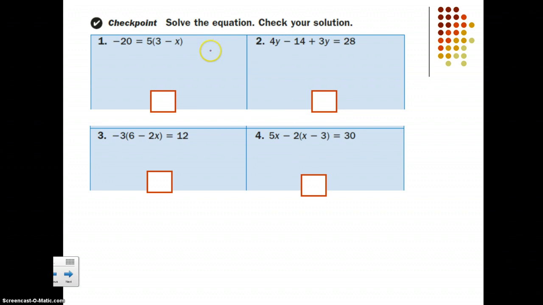At this point, please solve the equation. Remember to look for your distributive property first. It might not always be there, but if it is, you need to solve it first. Then combine any of your like terms. Then you have a two-step, so you need to add or add the opposite.